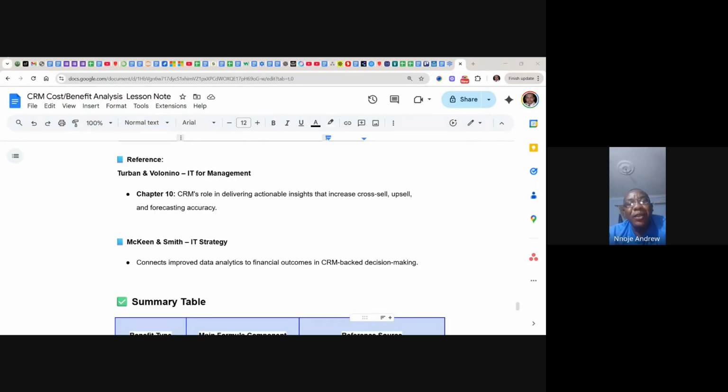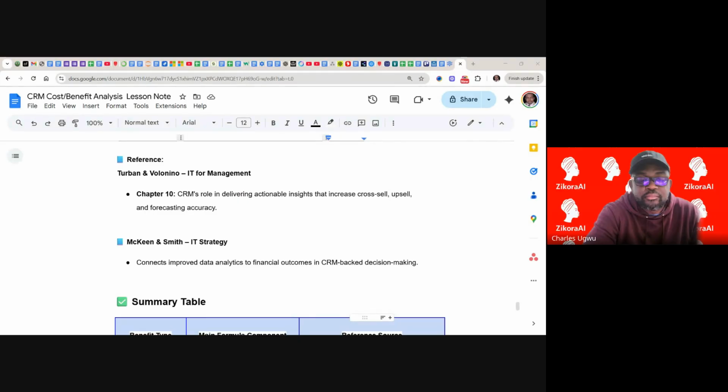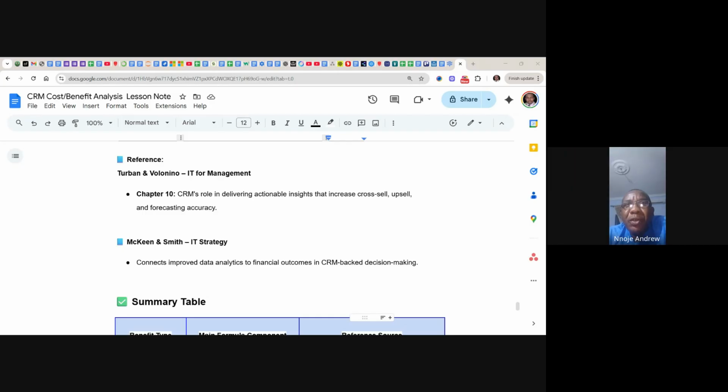It's very good that you validated them, having been discussed in some textbooks. It is true that some benefits cannot be quantified and captured in a measurement or existing data.